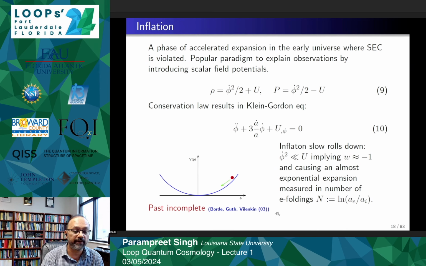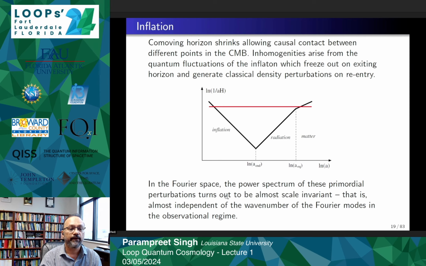A very important theorem by Borde, Guth, and Vilenkin shows that inflation is past incomplete. So even if inflation is happening, it's almost de Sitter evolution. It doesn't mean that the Big Bang singularity is actually resolved. So we still have to answer this question, and I'll show you how loop quantum cosmology tries to answer that later on. This will be relevant for us later in part B.